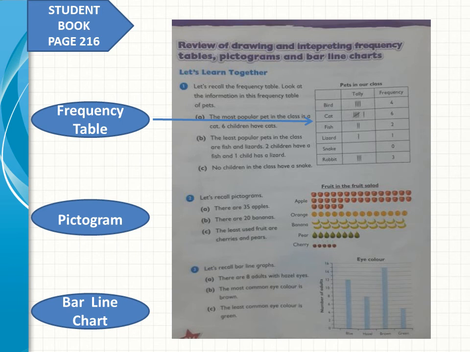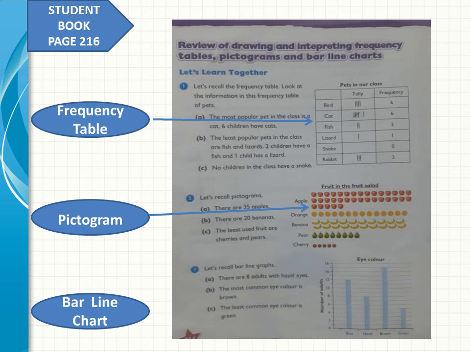Look at the pictogram here. It's showing us the fruits that we have in a fruit salad. Now we have the arrow pointing towards the pictogram. That's the pictogram. We have fruit salad. It's showing us how many apples, how many oranges, bananas, pear, and cherry. Looking at this now, we can say this person doesn't really like cherries because it's the cherry that is the least fruit that we have in the fruit salad.